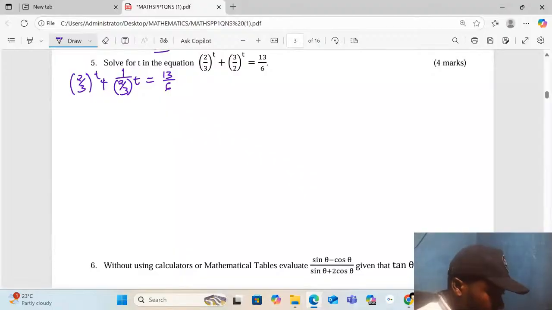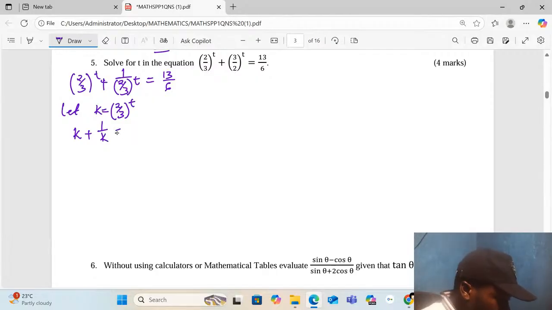Now you can see we have 2 over 3 raised to t. So we can let k be equal to 2 over 3 raised to t. We replace 2 over 3 raised to t with k, so that we have k plus 1 over k equal to 13 over 6.